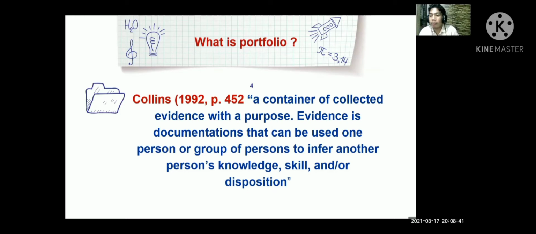Evidence is documentation that can be used by one person or a group of persons to infer another person's knowledge, skill, and or disposition. In all the definitions they gave, there are the words collection, collected, and evidence, and purpose. So if we rationalize those words, a portfolio is a gallery of activities that we give to a student. In the end, we rationalize everything we made the student do, and that's where we track whether they are learning, whether they acquired the instruction we gave during the teaching.